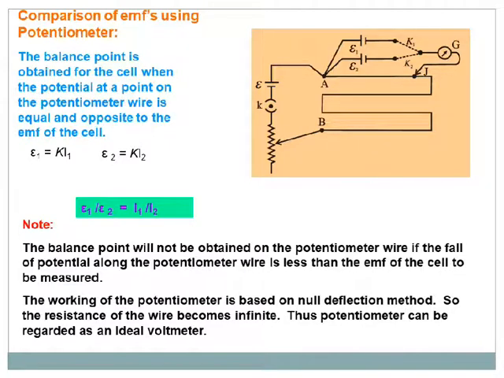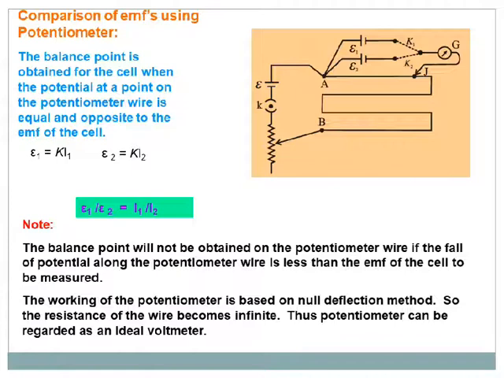In the circuit diagram shown here, A and B are the points of the potentiometer, which is a long conducting wire of approximately 4 meters. Between points A and B, a battery of EMF E, a key K, and a rheostat are connected. The batteries whose EMFs are to be compared are connected at point A. Both are connected to individual keys, which are connected to a galvanometer, which is connected to a jockey. This is in short. Now we'll see it in detail.